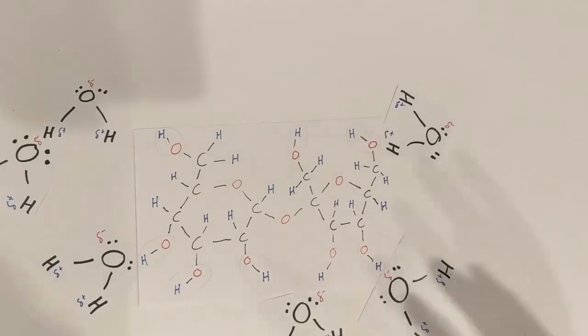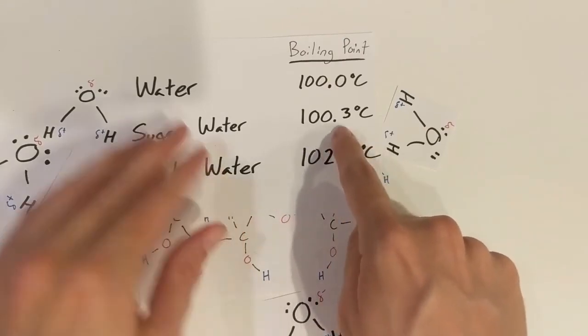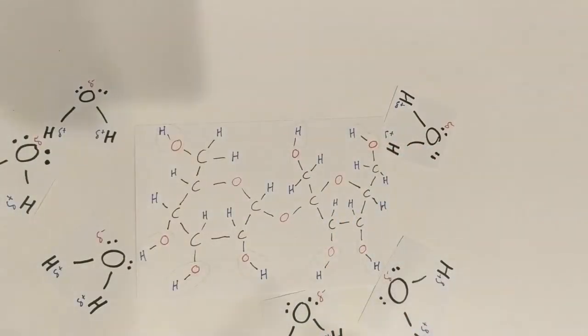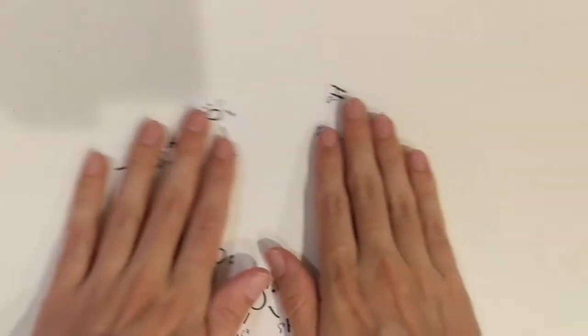But it's enough to increase the boiling point by 0.3 degrees Celsius, which means it increases the attraction just a little bit. So it's holding on to those water molecules and the sugar molecules. They're holding on a little bit tighter than just the water by themselves.